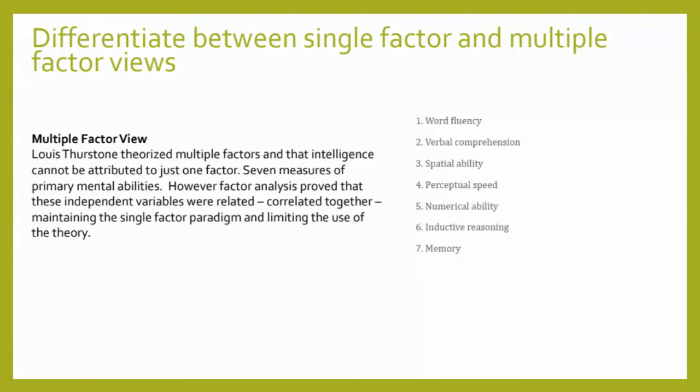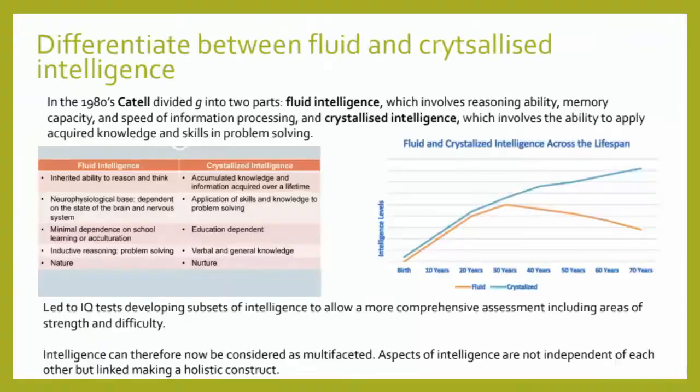But when they took the multiple factors, they showed again that those factors were correlated together, which still supported the fact that intelligence can be related to a single factor, which is the G factor. So his theory of multiple factors was quite limited because his factors actually also did correlate together.